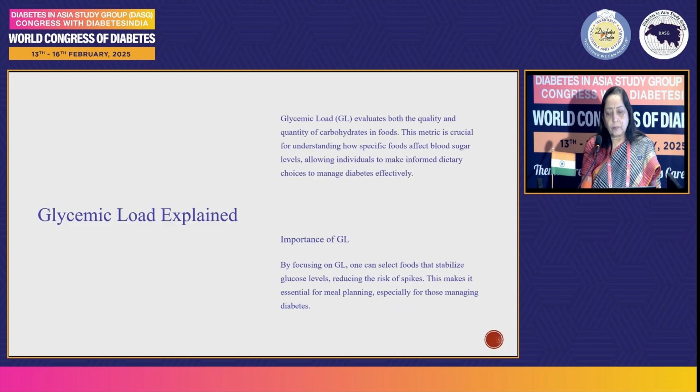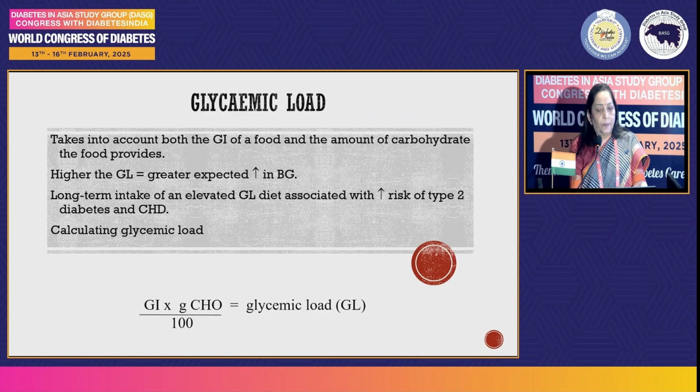Okay. And we also have to consider the glycemic load. The glycemic load evaluates both the quality and the quantity of the carbohydrates in the food, and this metric is crucial for understanding how specific foods affect blood sugar level, allowing individuals to make informed dietary choices to manage diabetes effectively.